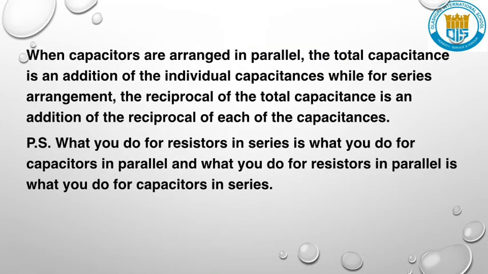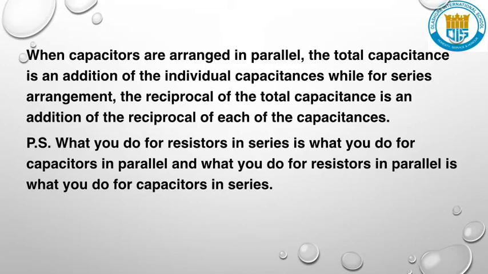When your capacitors are arranged in parallel, as I already explained in the previous lesson on series and parallel circuits, parallel arrangement means that you arrange the devices or components shoulder to shoulder, beside each other, and they are all connected to the same point.